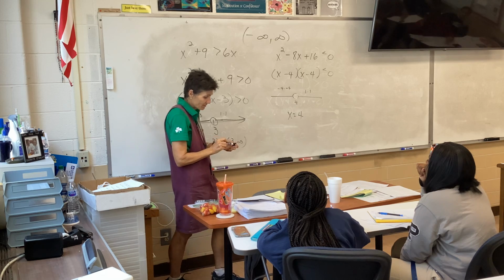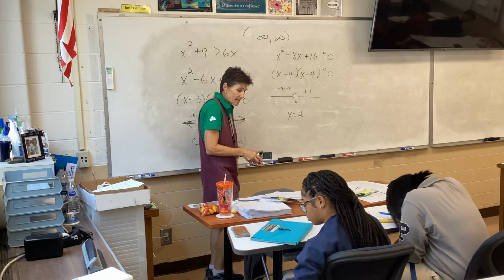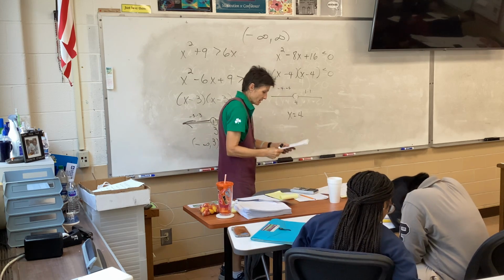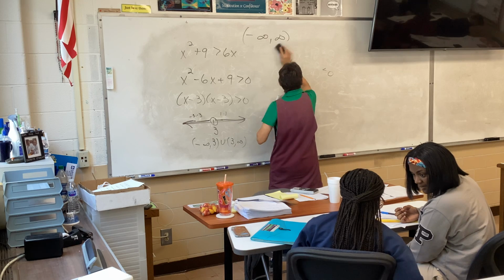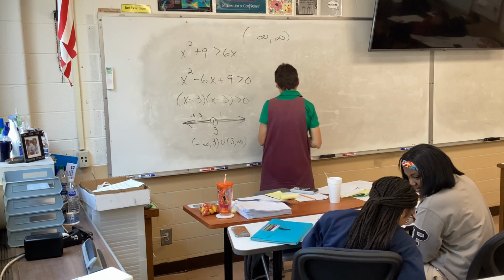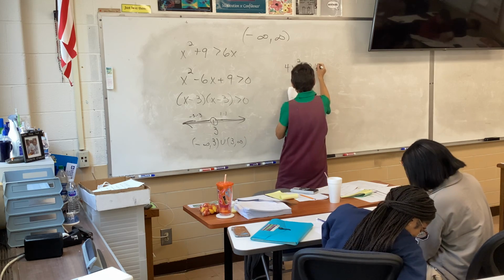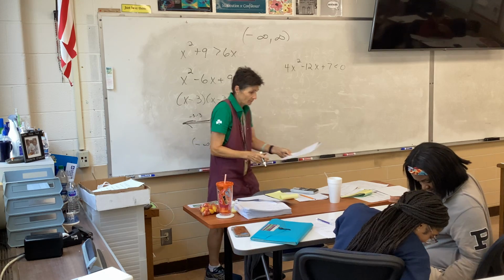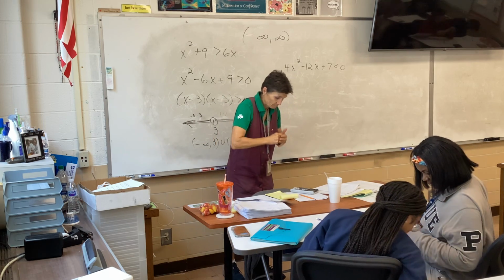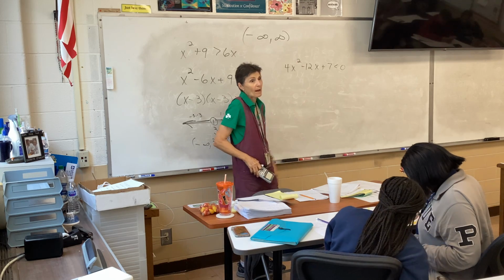We'll go to our calculators now. And we're going to solve basically the same kinds of problems, but we're going to let our calculator do the work. All squared equations are parabolas.